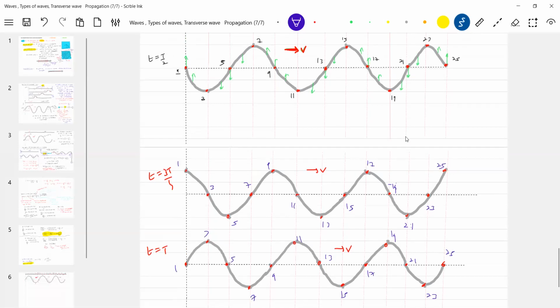Okay, how will the points be moving? So this will be moving up. On what basis will we predict in what direction they're moving? By using the formula Vp equal to minus V into slope. With that, at any given instant, we can predict how the various points on a rope are moving.